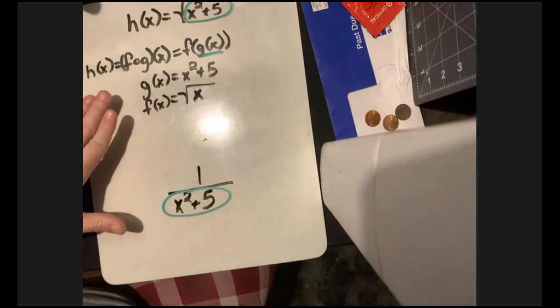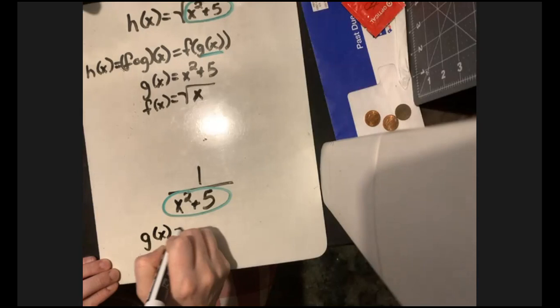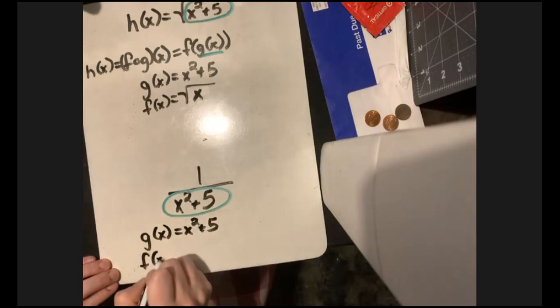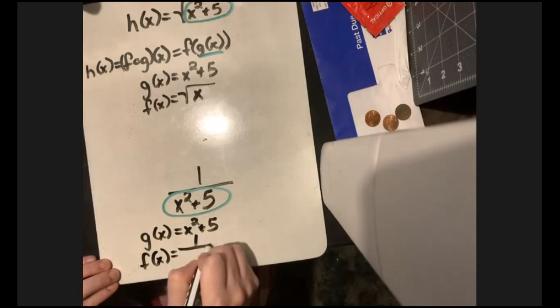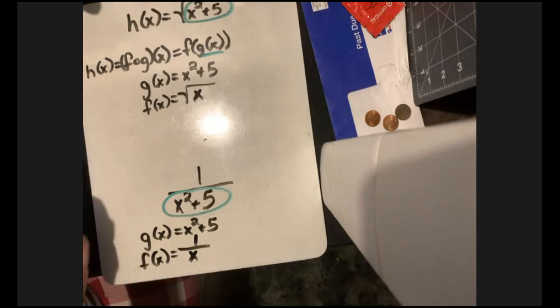If I had the same ordering as up here, g of x would still be that x squared plus 5. f of x would be 1 over, and then I'm just putting an x where I would have put my stuff in. So that is our combinations and computations.